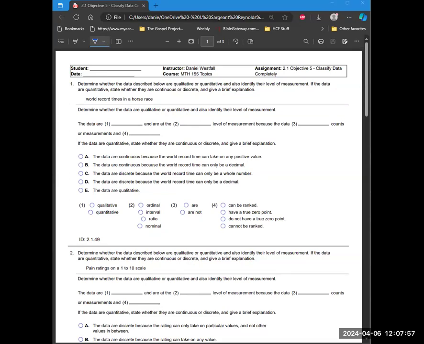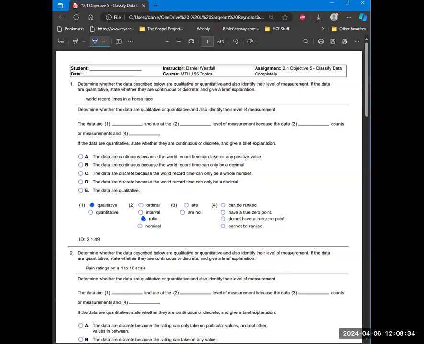World record times in a horse race. Those would be quantitative, and that's number 1 here. They're at the ratio level because there's a true zero for time in the horse race, and it makes sense to not only have intervals of time, but also ratios, to say somebody took twice as long or half as long, and so on.